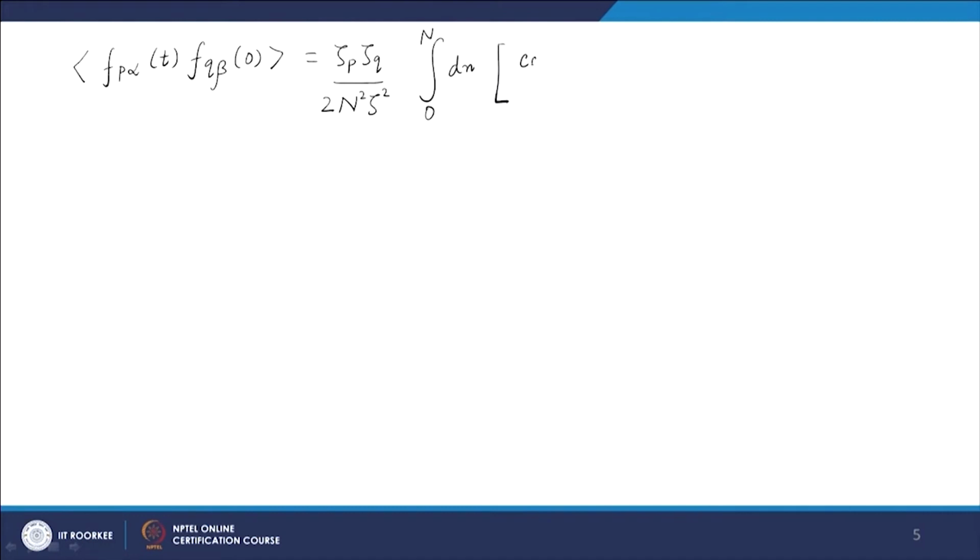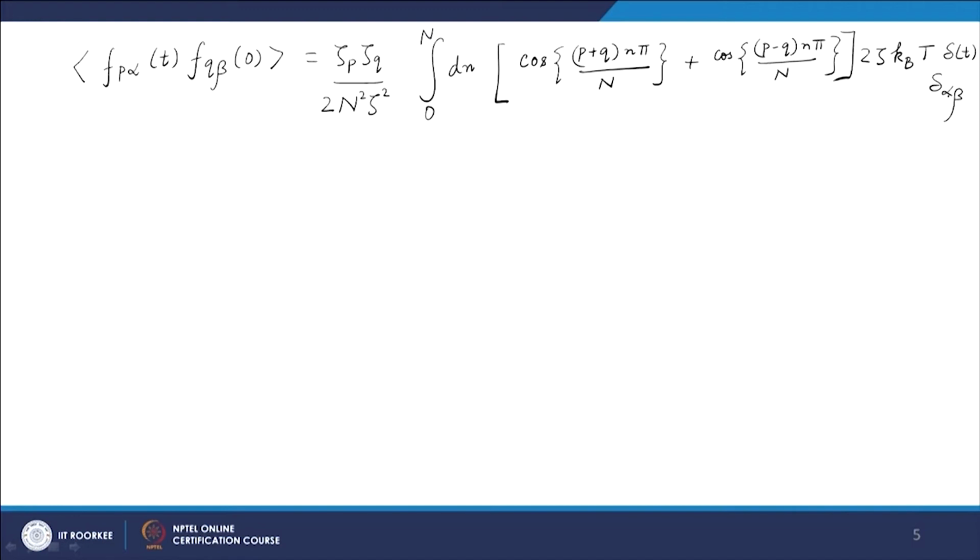The first term is cos of (p plus q) n pi by N, and the second term is cos of (p minus q) n pi by N, and then we have 2 zeta k_B T delta(t); delta(n minus m) is taken away, but we have delta alpha beta still remaining there.